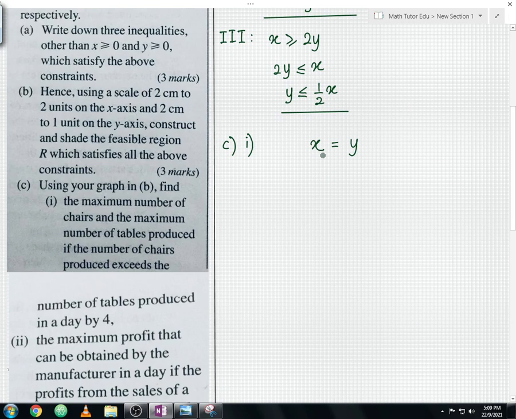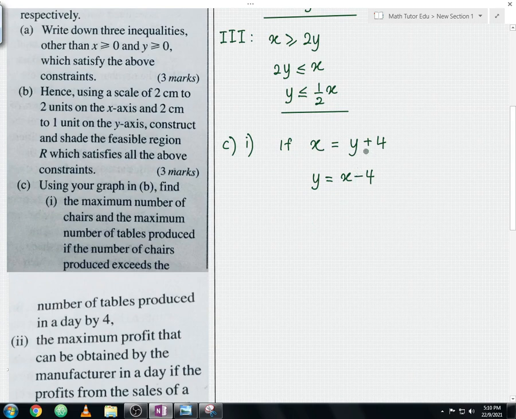So x should equal y plus how much it exceeds, which is 4. So x equals y plus 4. Therefore y equals x minus 4. This is the straight line equation form, guys.